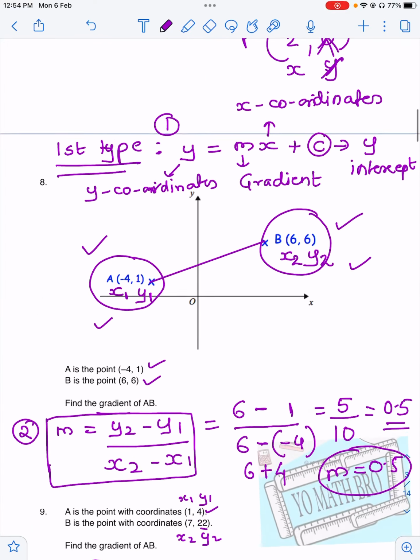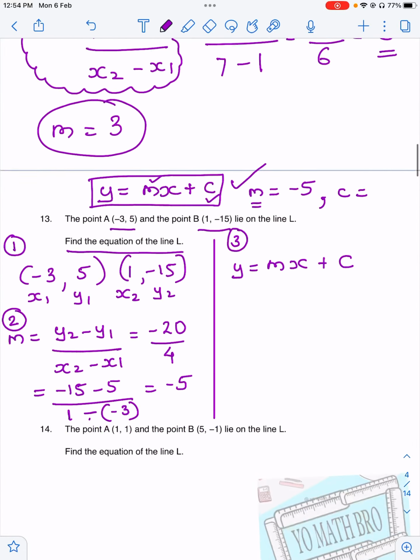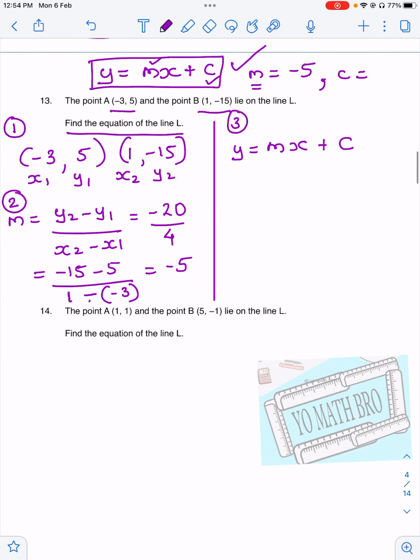As I had told you earlier, y stands for the y coordinate, m stands for gradient, and x stands for the x coordinate. So what I do here, any one coordinate you can take, students. I take x as -3 and y as 5, and I substitute here. Look here.